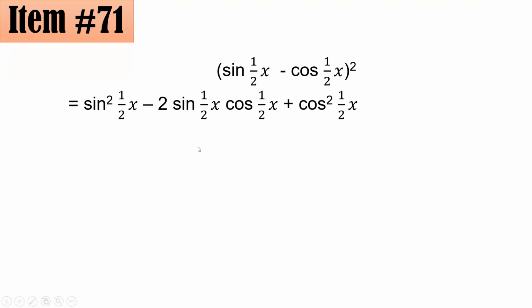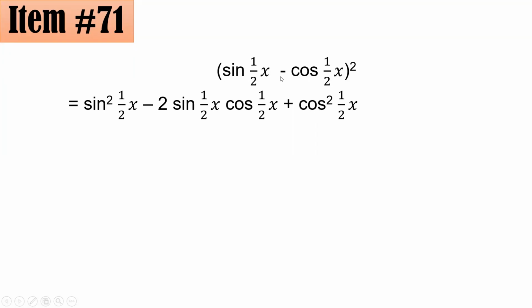Tingnan po natin. So if you have this one, following the rules of algebra po, we will be squaring a binomial. So if we will be squaring a binomial, di ba, you square the first term. So the square of sine 1/2 x is sine squared of 1/2 x. Then, twice the product of the first and second term.